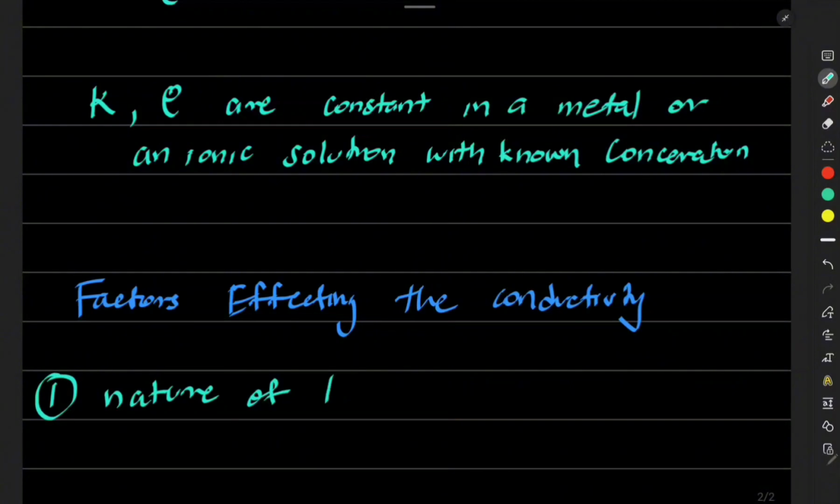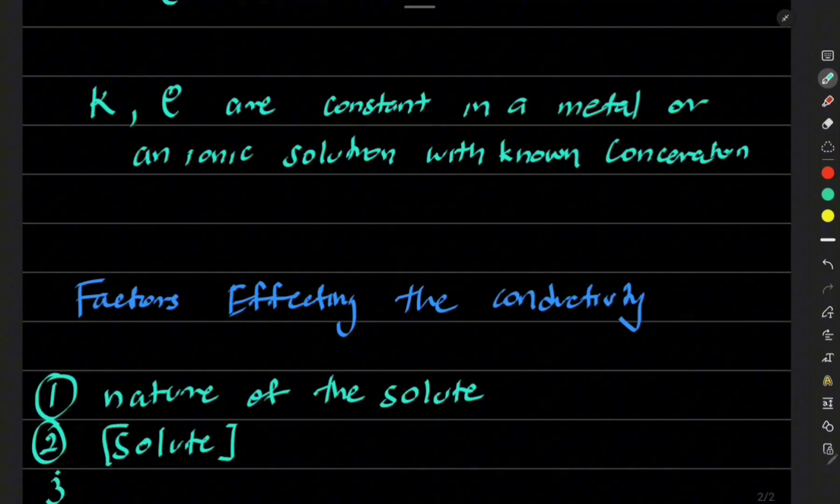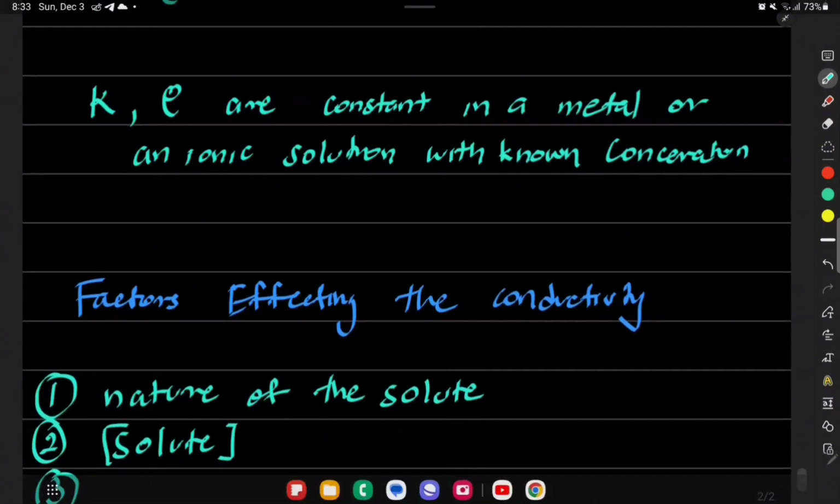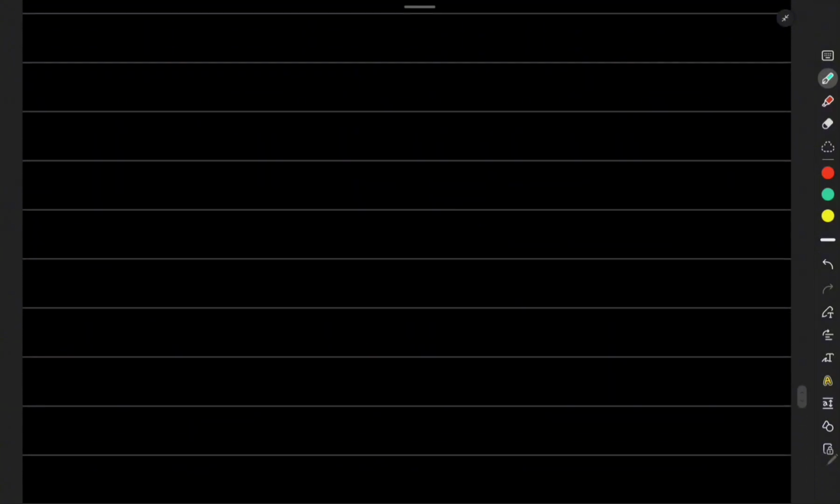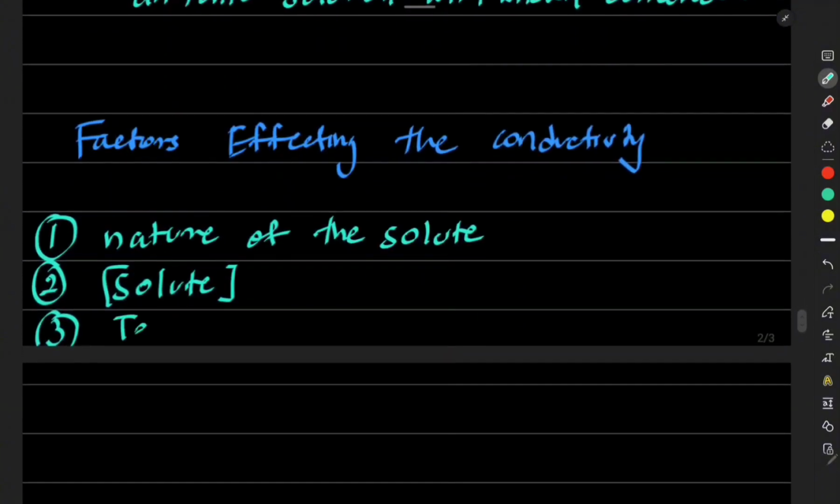Second one, concentration of the solute. And the third one is temperature of the solution.